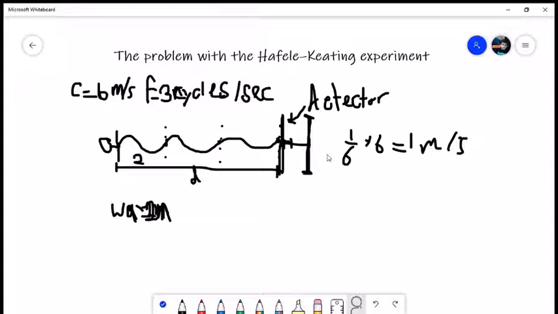The problem is that even though the atomic clock in the airplane and the atomic clock that was stationary on Earth varied in time, that doesn't need to happen because of special relativity. It could happen even if special relativity was not true. It could happen even if time dilation is not true, and even if the speed of light is not constant for all frames of reference.